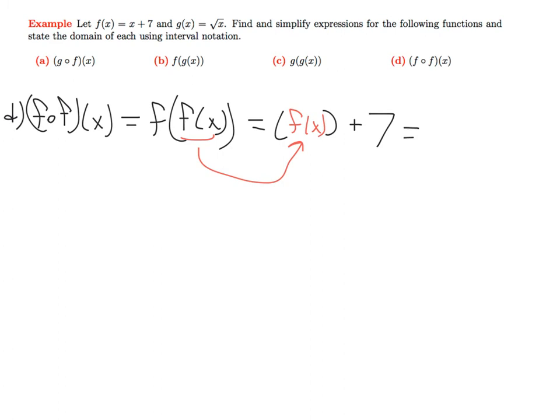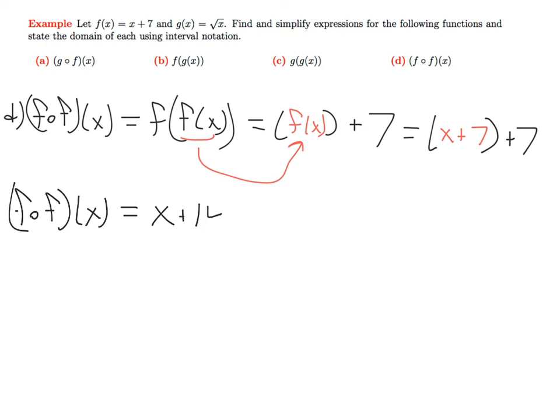And then I can replace f of x with its expression, which is x plus 7. So simplifying this, we're adding 7 and then adding 7 again to that result. We get that f composed with f is the same thing as x plus 14.